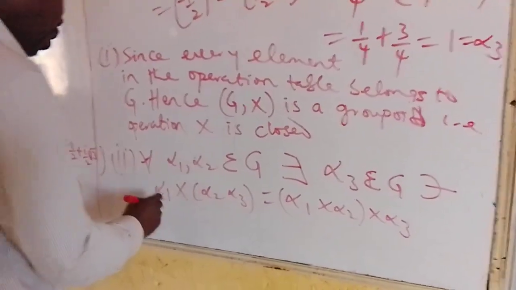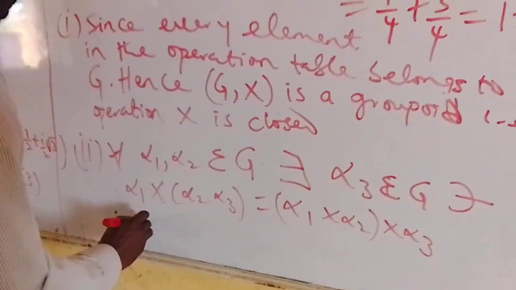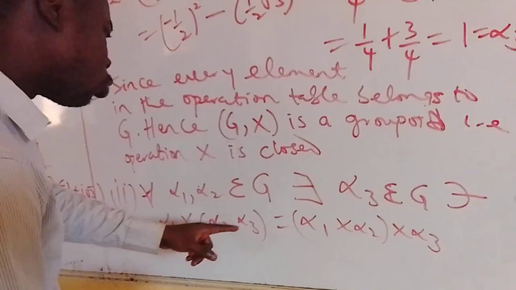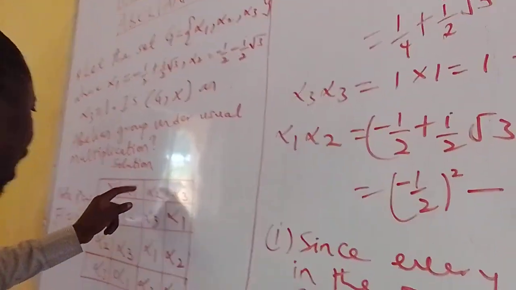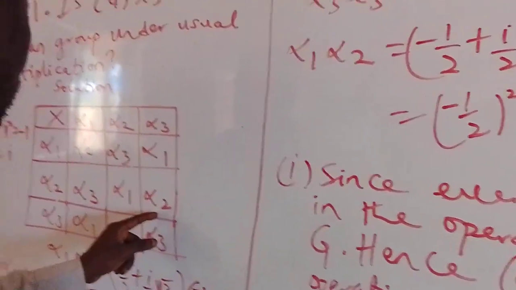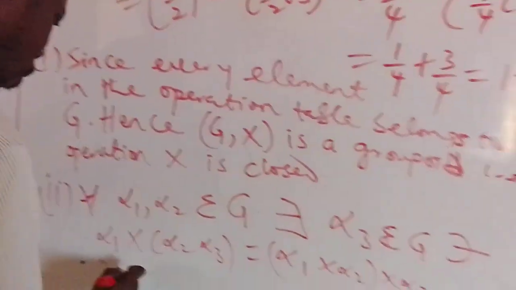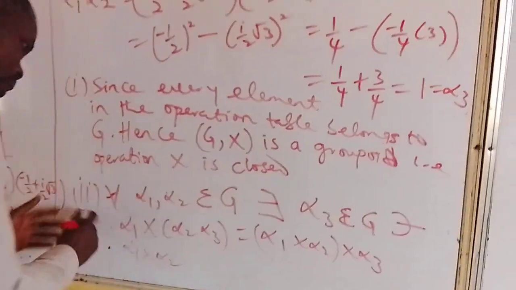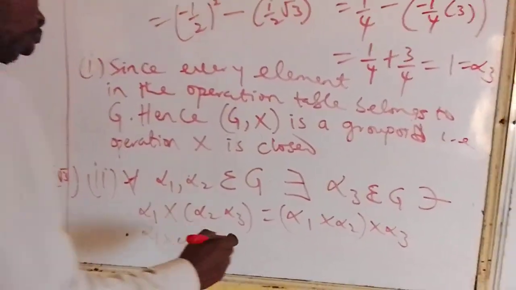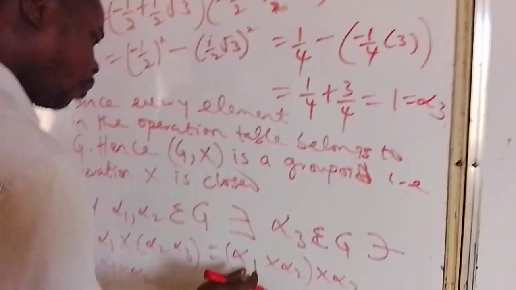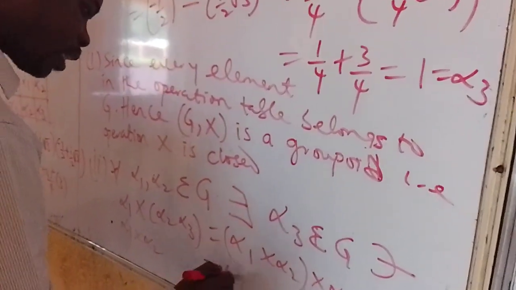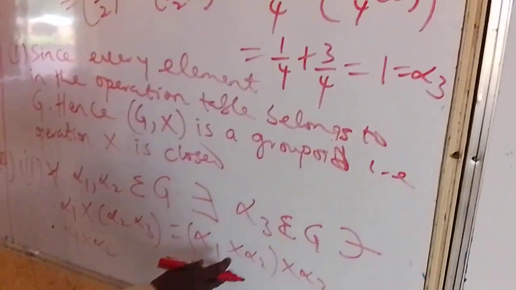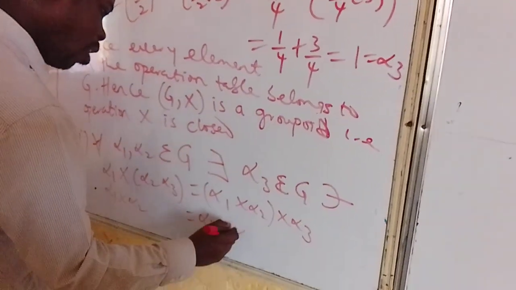So let's do that. So alpha 1 multiplied by alpha 2, alpha 3. In the operation table, alpha 2 cross alpha 3 is equal to alpha 2. So alpha 1 cross alpha 2 on the left, because this result is alpha 2, is equal to alpha 1, alpha 2 in the operation table, which is equal to alpha 3. So alpha 3 cross alpha 3.